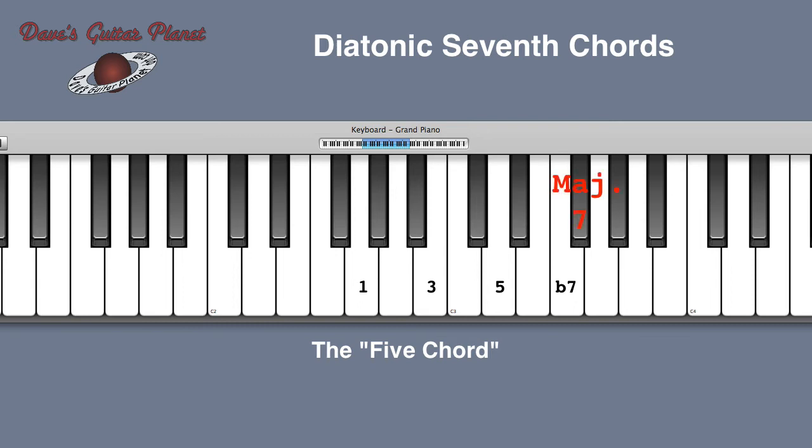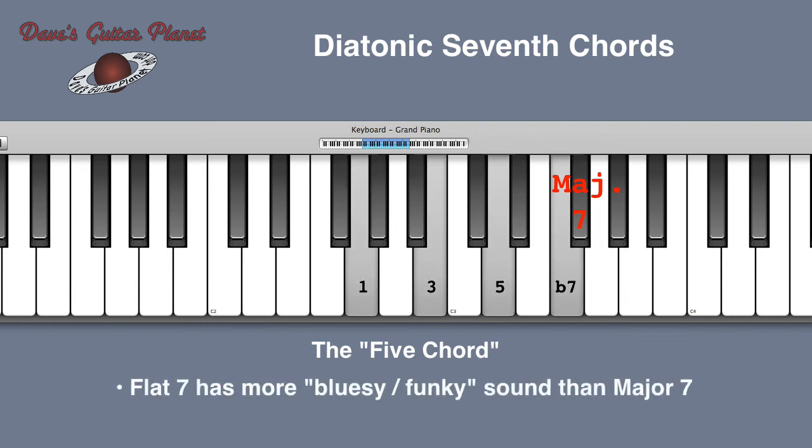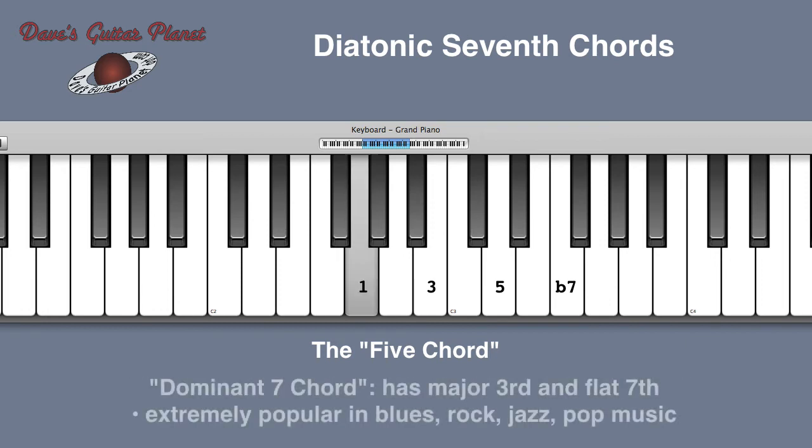I can play G major 7, the pretty one, with an F sharp. But if I play the F that's in the key of C, it's a flat 7. So the 5 chord is extremely important in regular music, diatonic music, which is 90% of pop songs, because it's the only chord in the diatonic series with a major 3rd but a flat 7. We call this the dominant 7 chord.